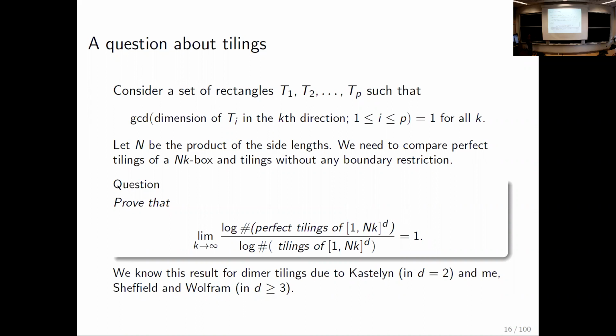Exactly. Sorry, yes. So a perfect matching is, if I'm doing the graph, I have a choice of edges such that each vertex belongs to exactly one. Okay, so this is the main combinatorial question here.